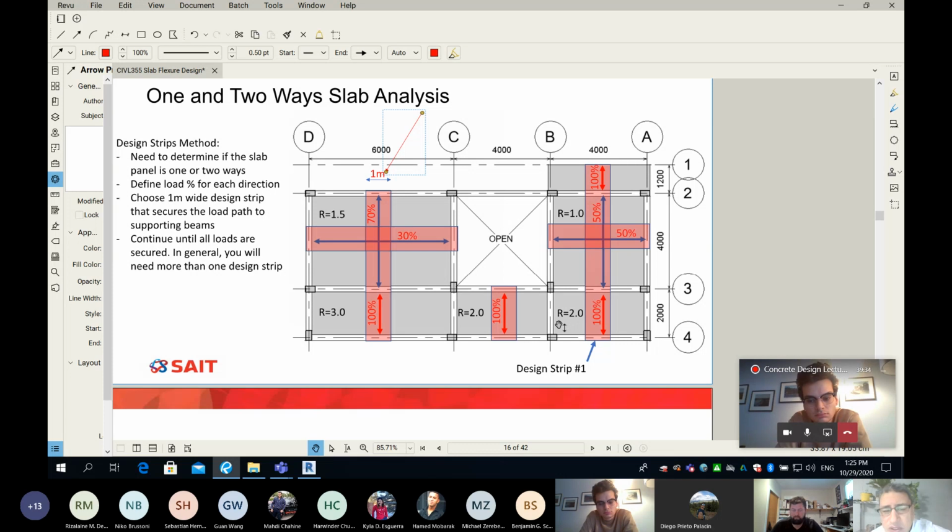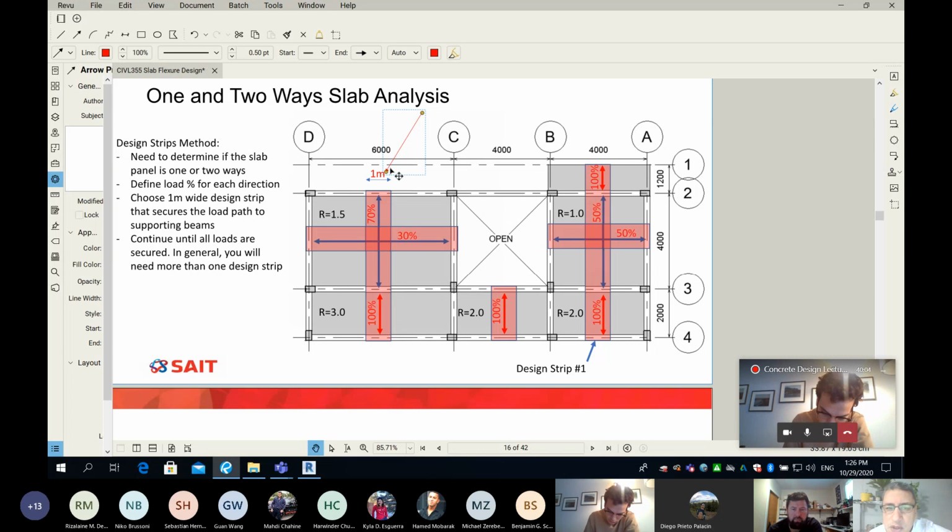And what we do is we say, okay, I'm going to think about this one as a beam, a beam that has 1 meter width, a 1 meter wide beam. We know from beam design, beams are supported on columns. I'm asking you here, this 1 meter wide beam, where are the support points?